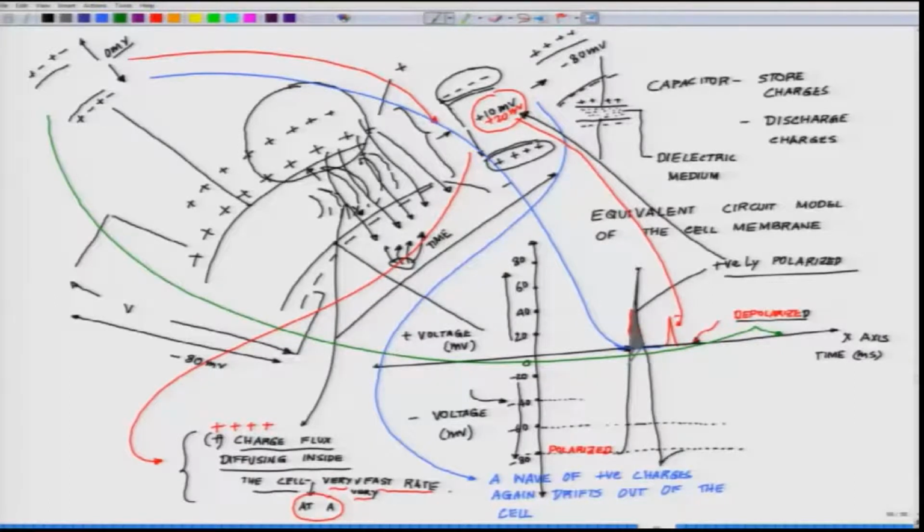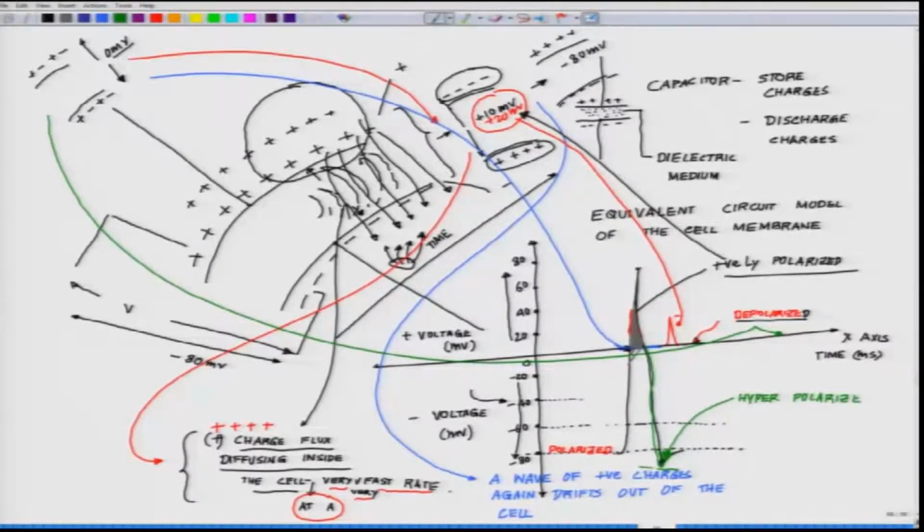Okay? Then the system again falls back to its ground state and it further overshoots out here. If you look at it, it went below minus 80. This zone is as if the inside has become way more negative than normal, for again a very transient period of time. This zone is called hyperpolarized.